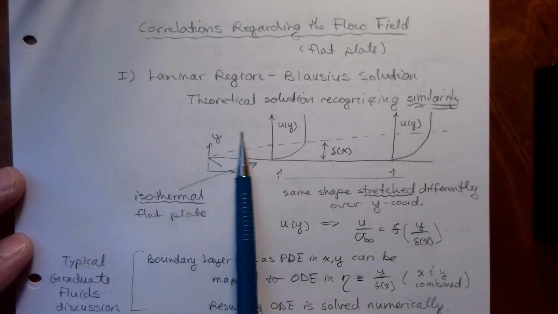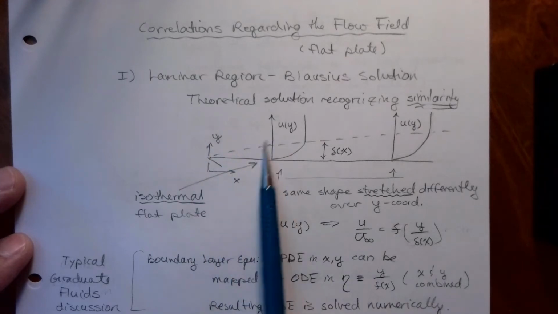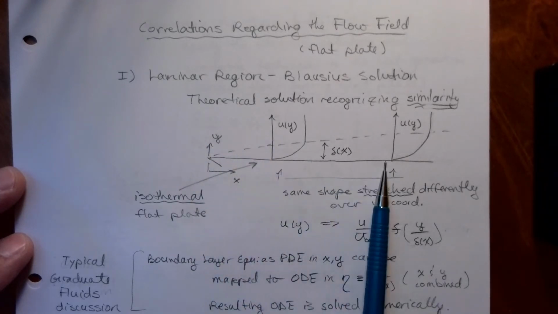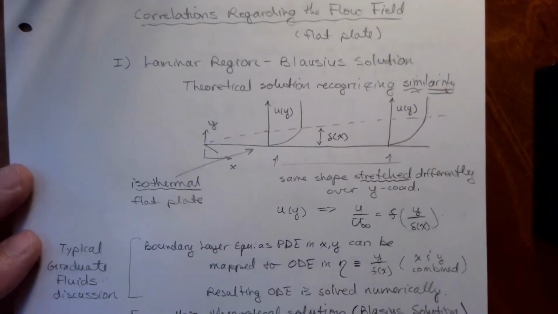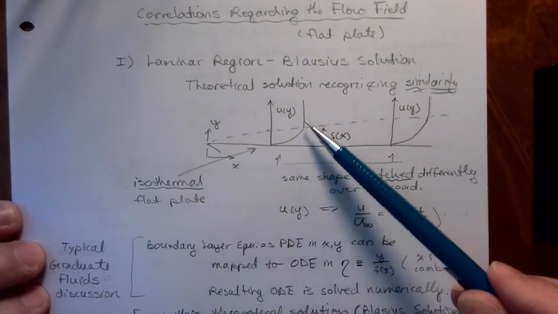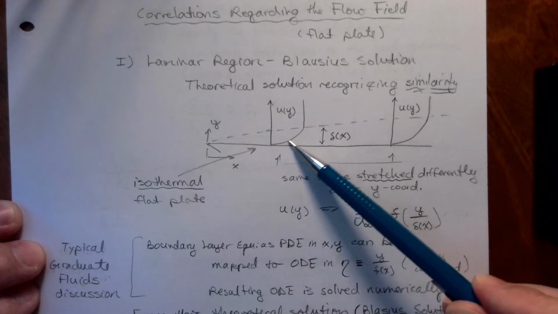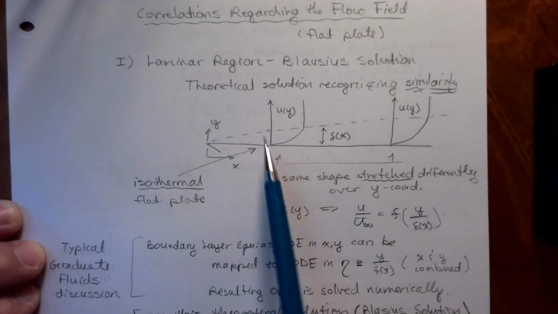So flow comes in uniformly this way. We're assuming that u is only a function of x as you go down the plate and y going this way. And so he looked for an analytical solution for that and was able to apply the concept of similarity. What he recognized is that if you were to look at a velocity profile here and then look at a velocity profile here, this magnitude change is going to be the same, right?